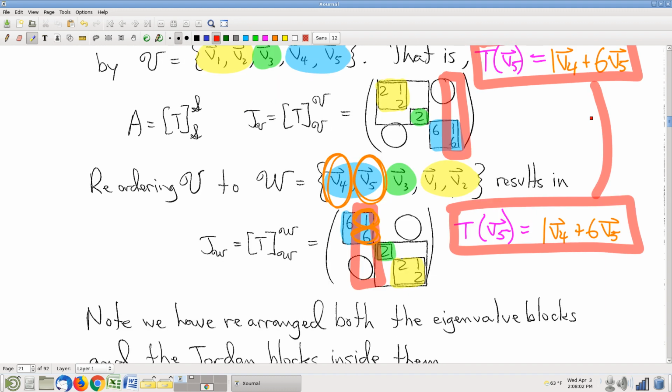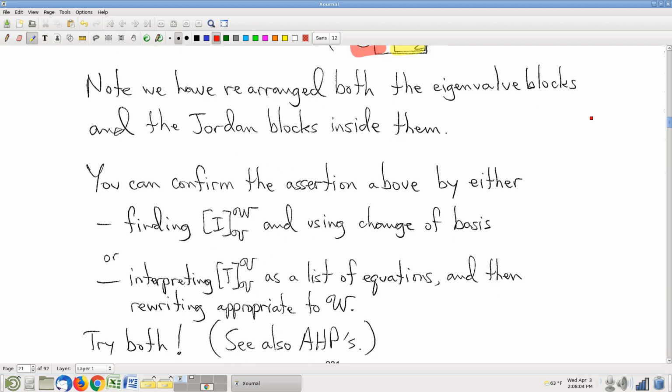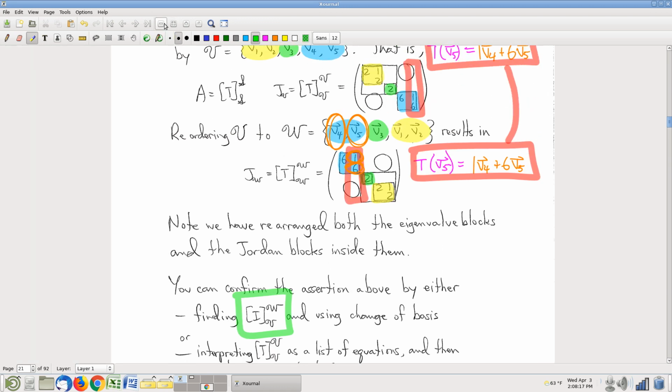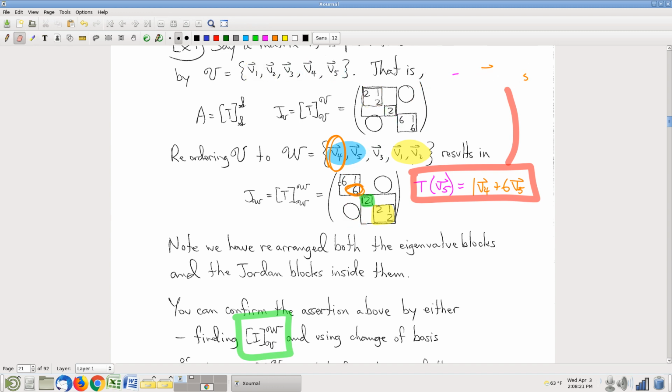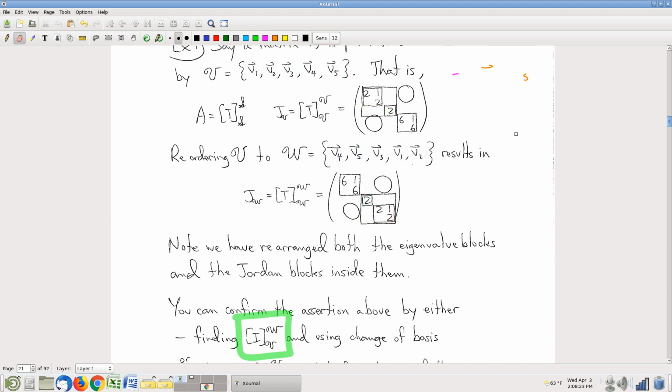Here's a different way you could persuade yourself of this, by the way. You can just write down the change of basis matrix. Here, let me do this in a different color. Let me do this in green. Right, I've got a big mess here. Let me get rid of all of this junk. Write down the change of basis matrix, keeping in mind that V is that and W is this.